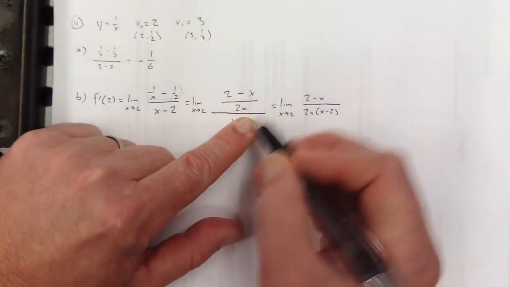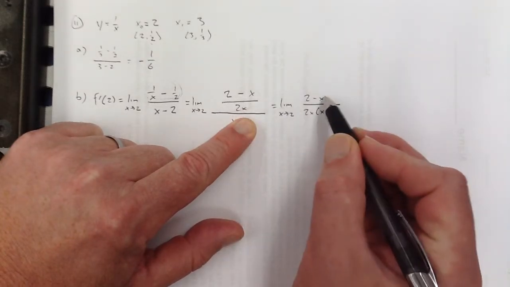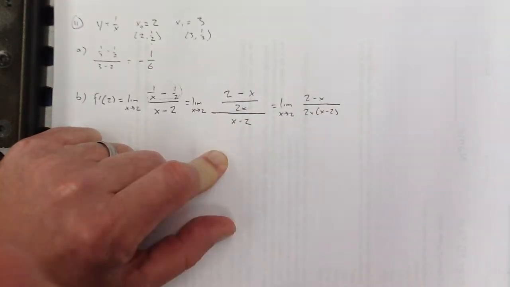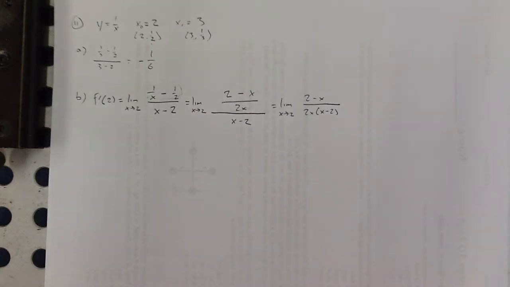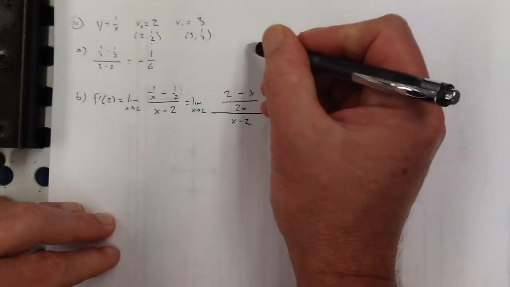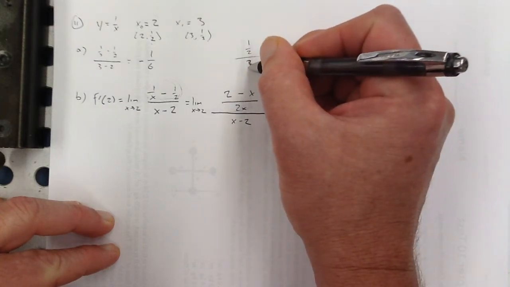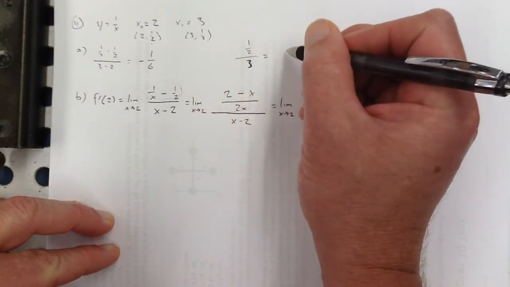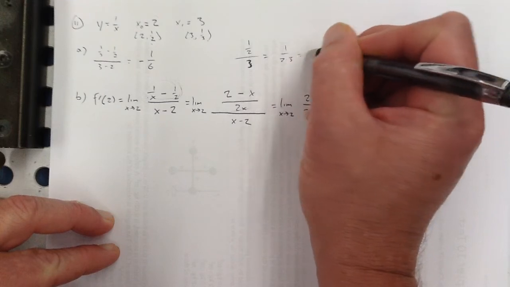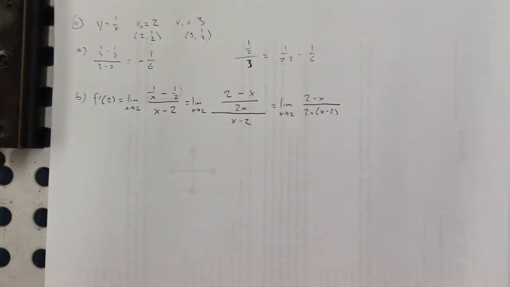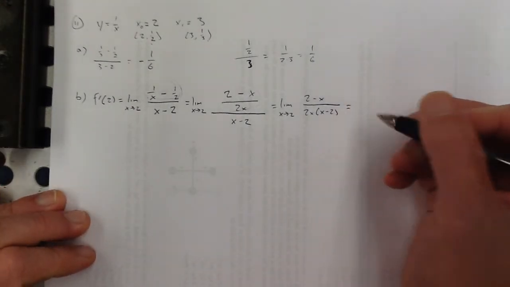Right, so 2 minus x over 2x, and then you divide by this. That's just jamming that into the denominator there. In the same way as if you have 1/2 over 3, that's the same as 1/6. That's how math works. One of the ways.